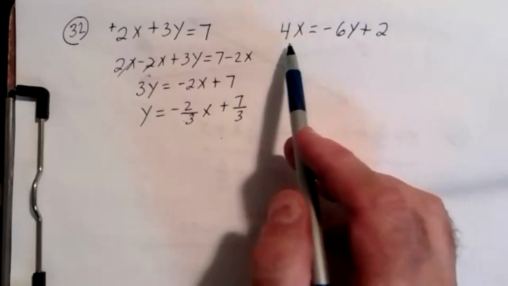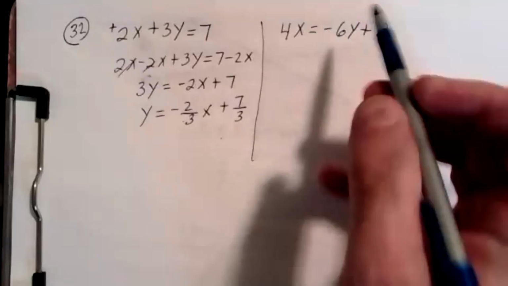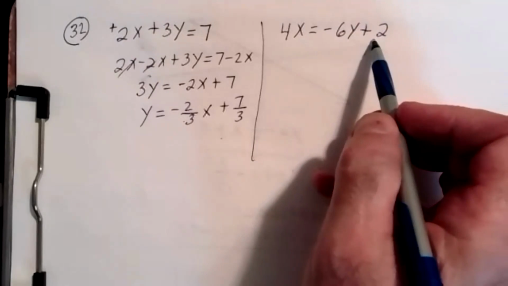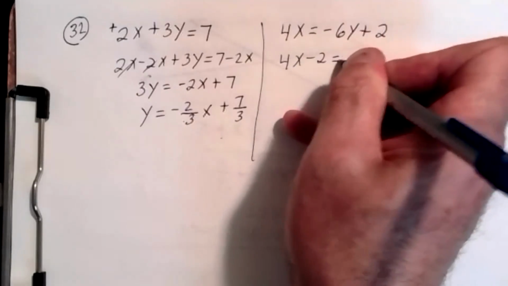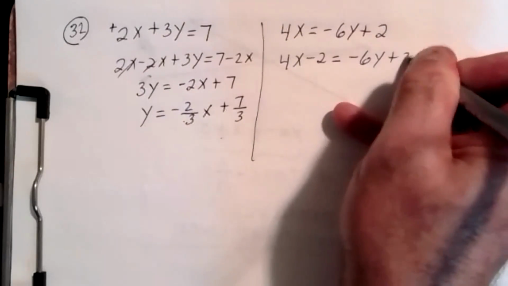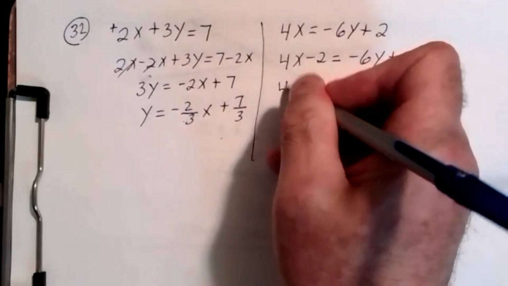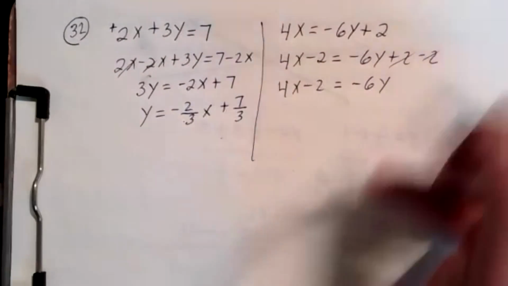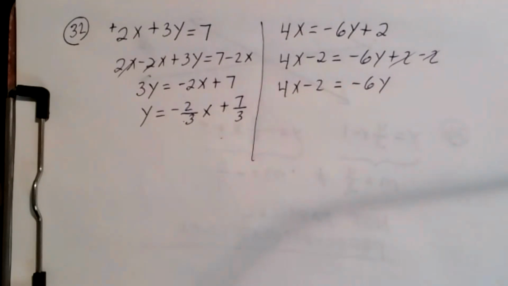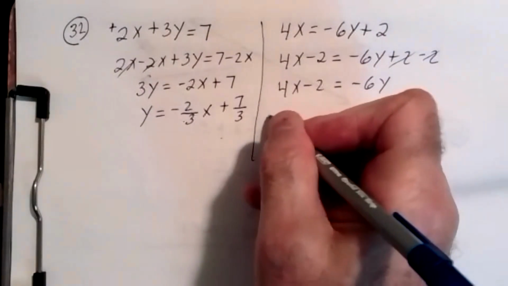Let's do the same thing for this one. Put it in slope-intercept form. To do so, we have to solve for y. I'm going to subtract 2 from both sides. Hence, we have 4x minus 2 is equal to negative 6y. These 2's drop out. Dividing both sides by negative 6 to solve for y.